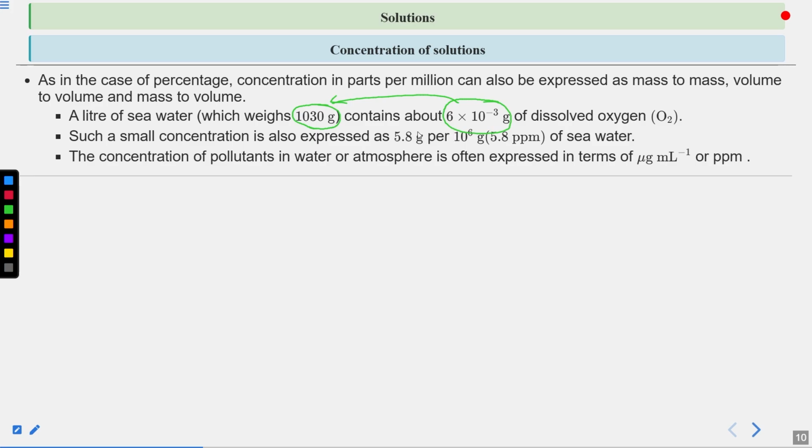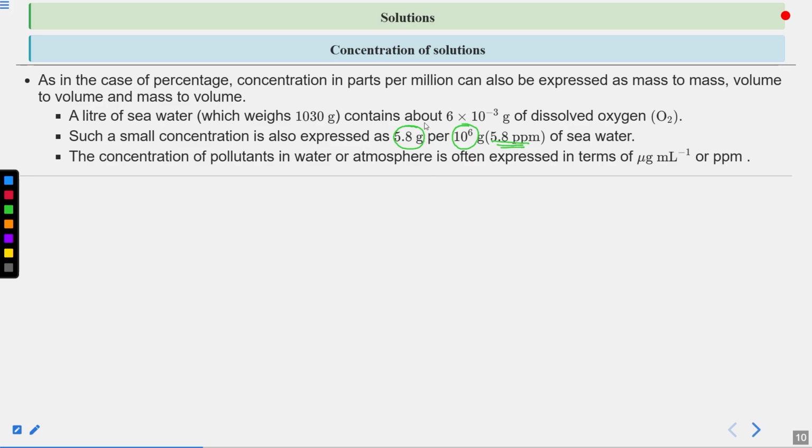So what we do is we take 10 to the power 6 as the multiplying factor. So we have multiplied by 10 to the power 6. Okay. And we got 5.8 gram per 10 to the power 6 gram of the seawater. Clear? Then our new concentration will be 5.8 ppm.